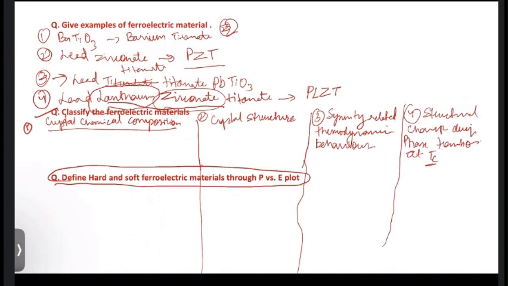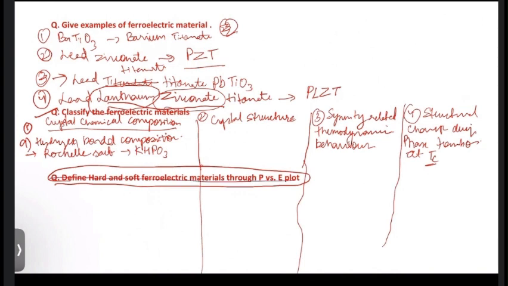This can be further classified as hydrogen bonded composition. The example is Rochelle salt, and potassium dihydrogen phosphate.